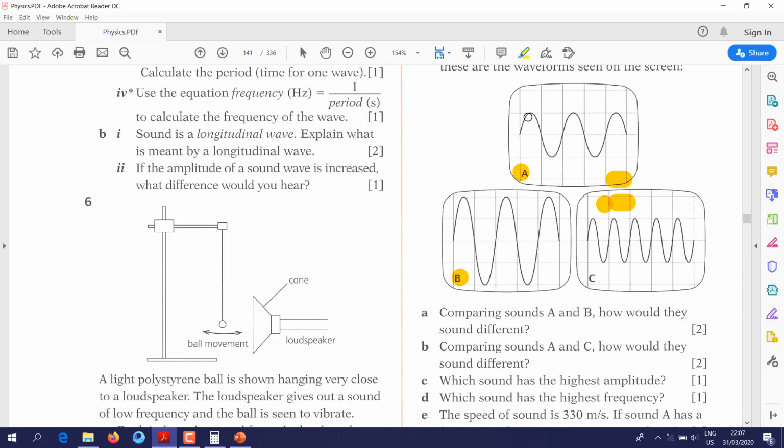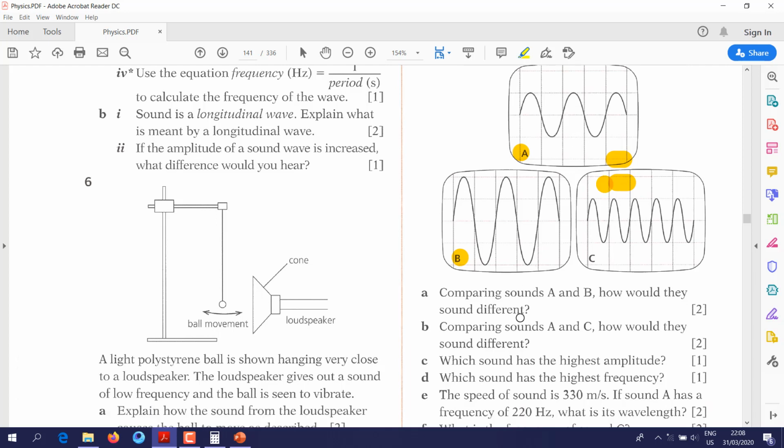They differ by the number of waves. So what you will say is, C has a higher pitch than A, because the number of waves is more than A.